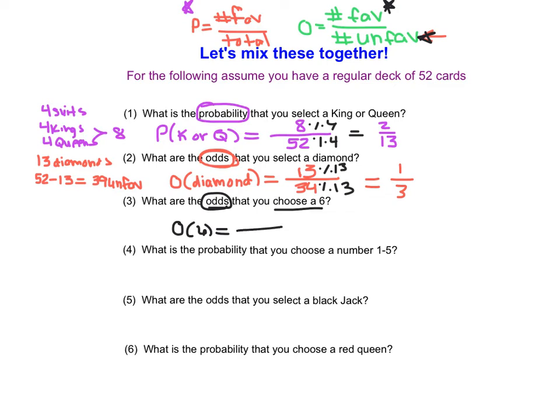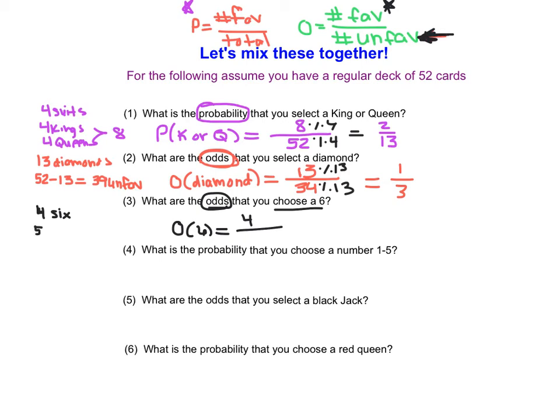So now favorable needs to go in my numerator, and I know that there are 4 suits in my deck, each one with 1 6. So there are 4 6s in my deck. So I have favorable outcomes is 4 because I have my 4 6s. Now, because this is odds, I need my unfavorable outcomes, not my total.